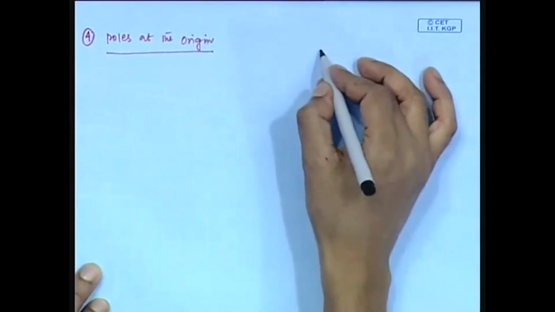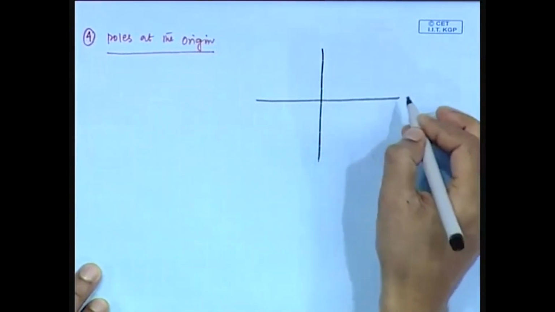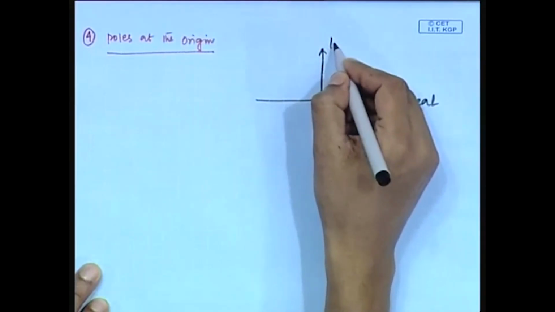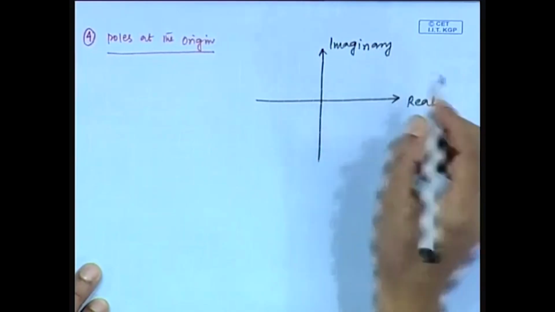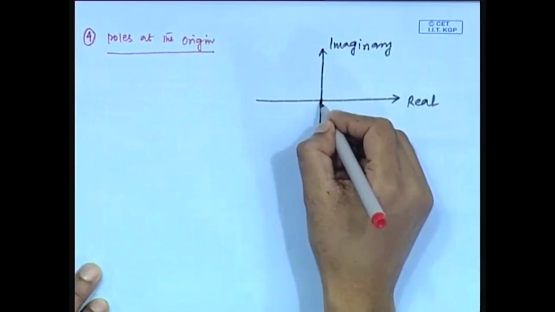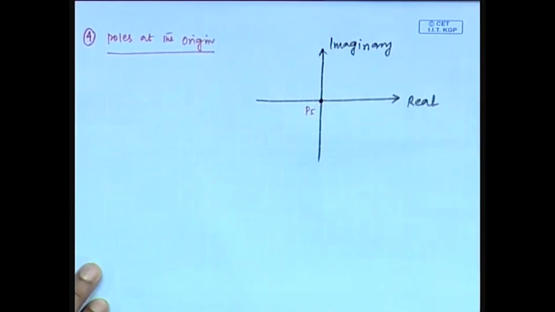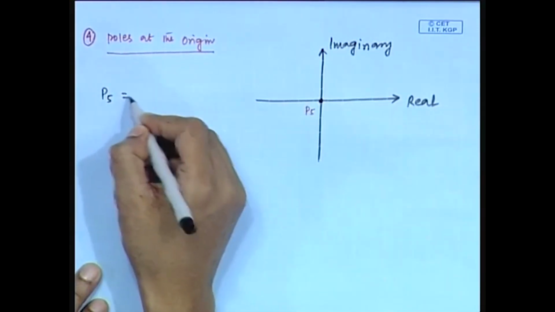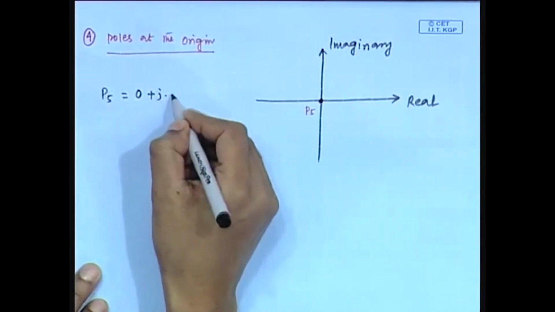I mean, if we draw the complex plane, this is real and this is imaginary, the pole P5 is present here, this is P5. That means P5 equal to 0.